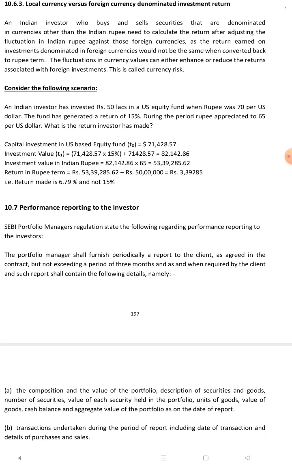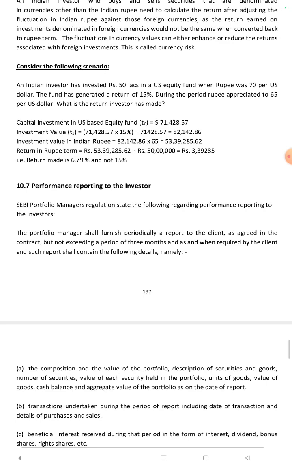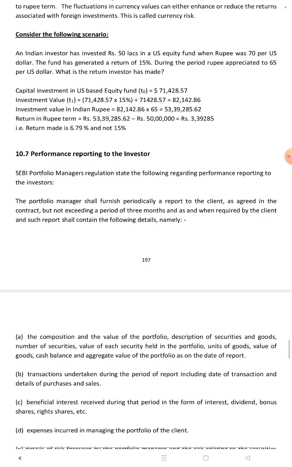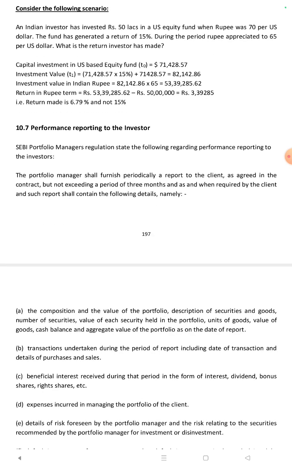Performance reporting to the investor. As the SEBI portfolio manager regulations state regarding performance reporting to the investor: the portfolio manager shall furnish periodically a report to the client as agreed in the contract, but not exceeding a period of 3 months, and as and when required by the client.